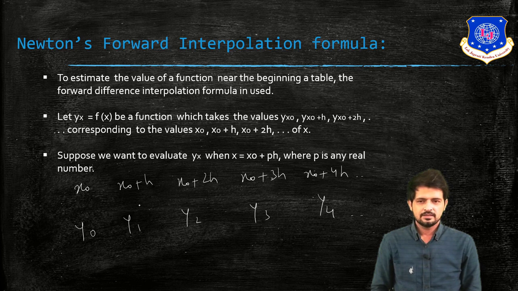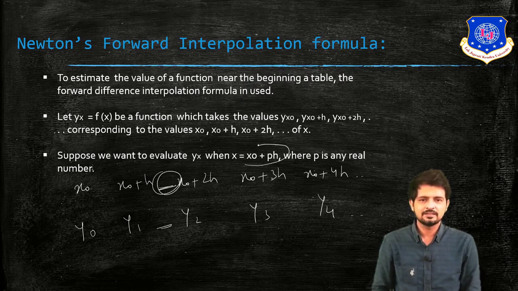Okay. Now I want to find the value of y for an intermediate value of x. For example, I am considering the intermediate value like this. If I am taking p, any real number, and I am writing here x0 plus ph.